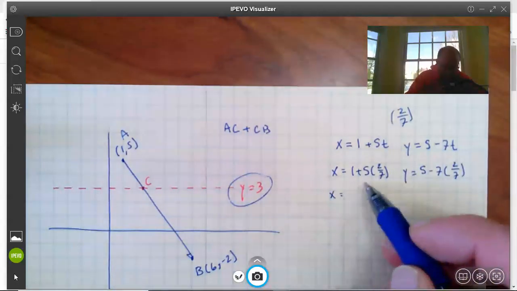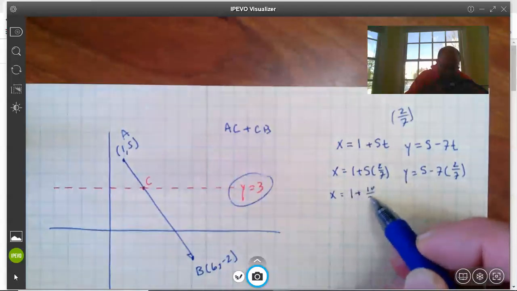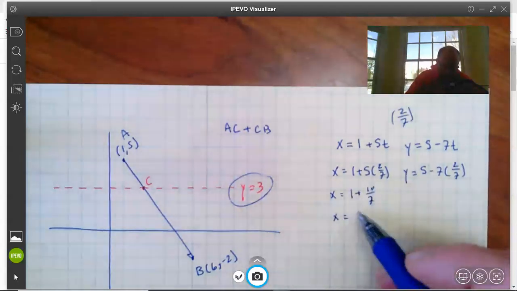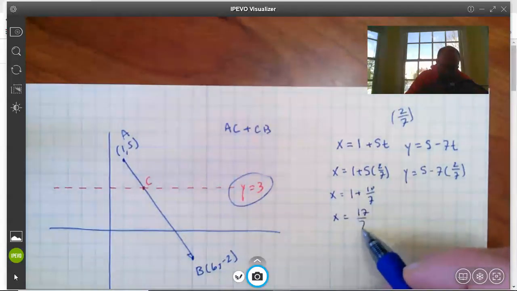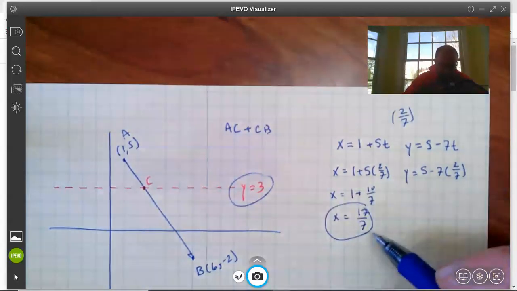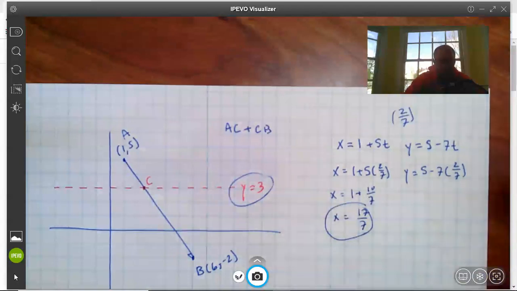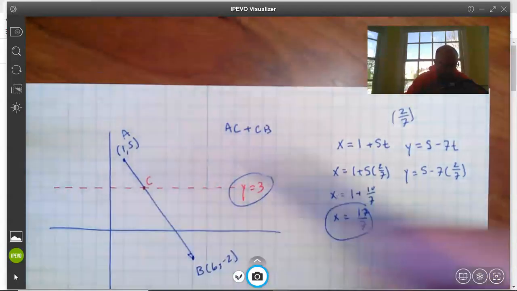X equals 1 plus 10/7, which is 17/7. So that's a number that's a little bit bigger than 2, and that looks about right.